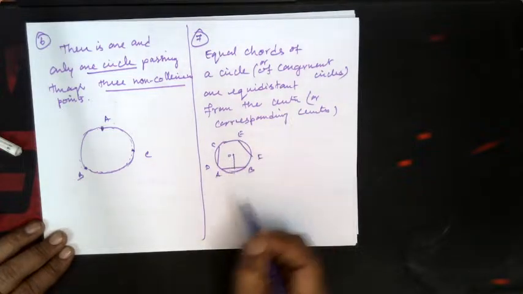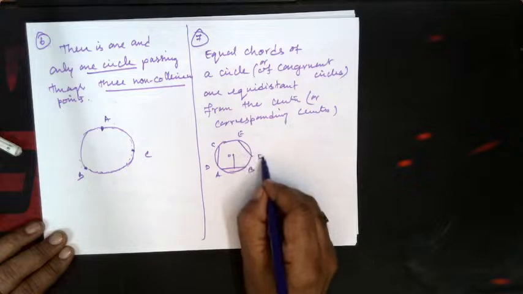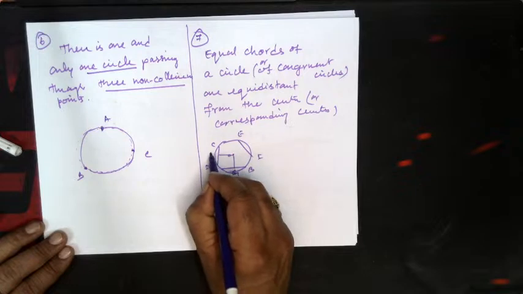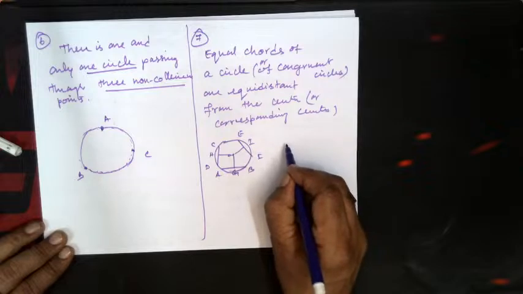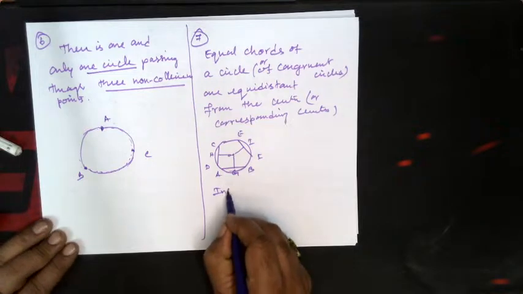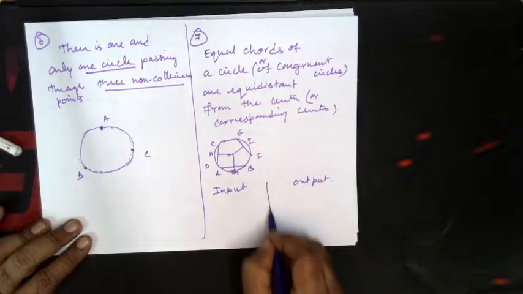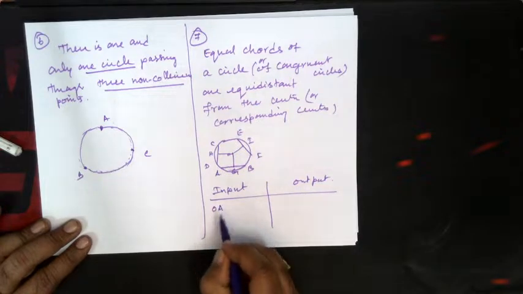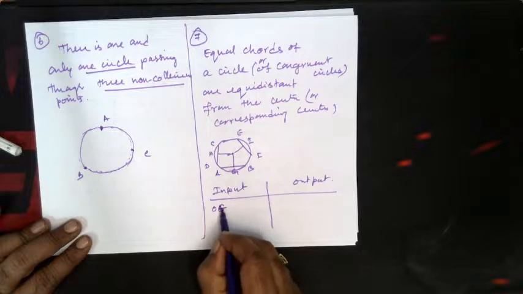Let me label this A, B, C, D, E, F, G, and this is H, this is I. Equal chords means, what are the inputs and the output? Now OG, this is OG.